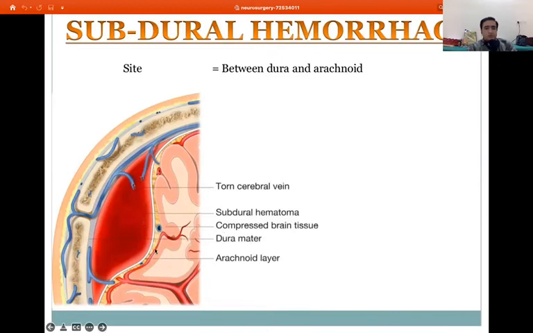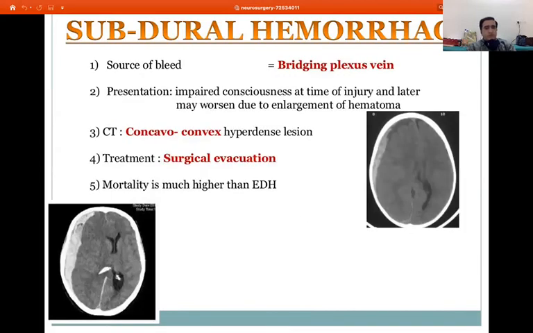This picture shows where the site is located and the cause. The source is bridging veins. Patients usually present with impaired consciousness at the time of injury and may later worsen due to enlargement of the hematoma, as opposed to extradural hematoma, where the patient may present with a lucid interval.